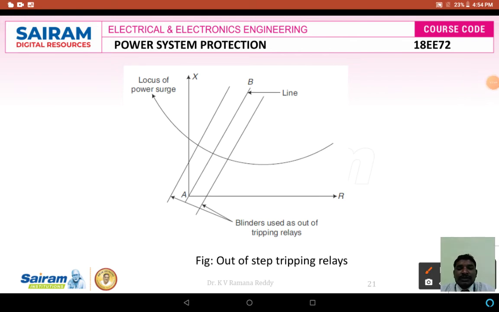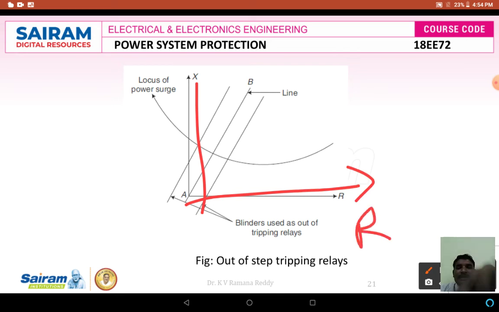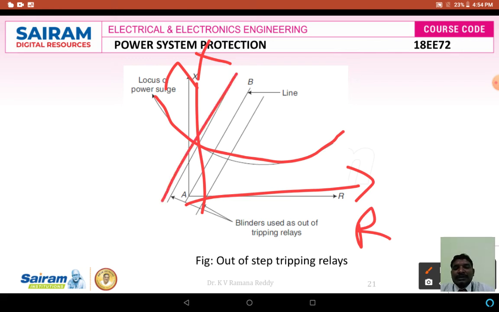If you see the effect of line impedance and source effect in this XR plane, R is taken on the real axis and X is taken on the reactance axis or Y axis, and this is the operating characteristics of the power surge characteristics, and these are the operating characteristics of A, B and the line.